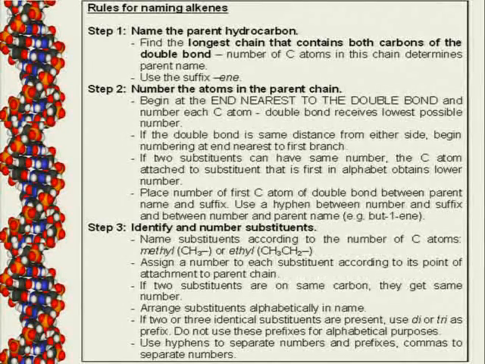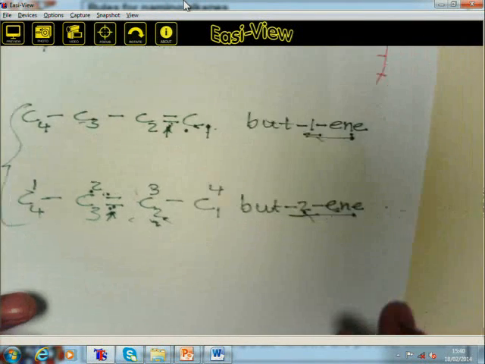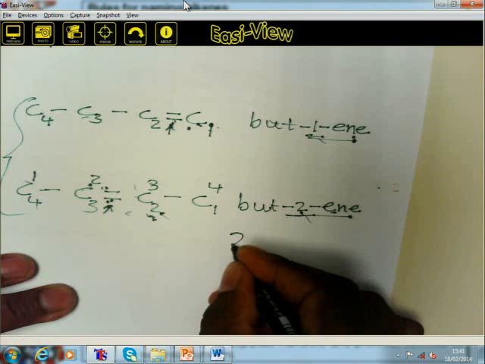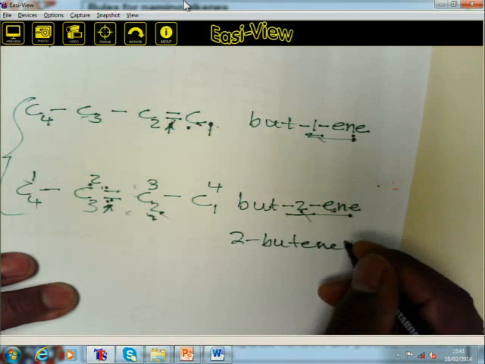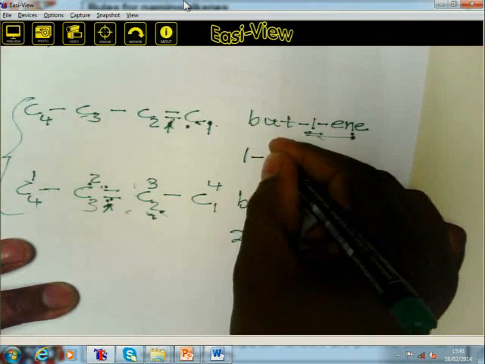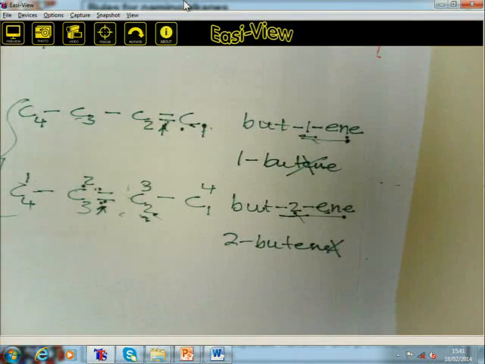You don't write the number of the position at the beginning of the compound. If you look at the books and follow what is in the book, sometimes you'll be wrong, because that is not the correct way of writing it. Some books will write this one as 2-butene. All right? So we don't name it this way anymore. We don't name that one as 1-butene. It's a wrong way, because some textbooks are still sticking to the old way of naming these organic compounds. All right?